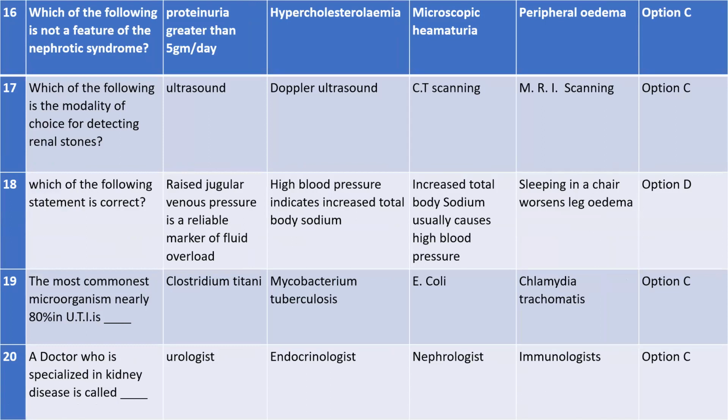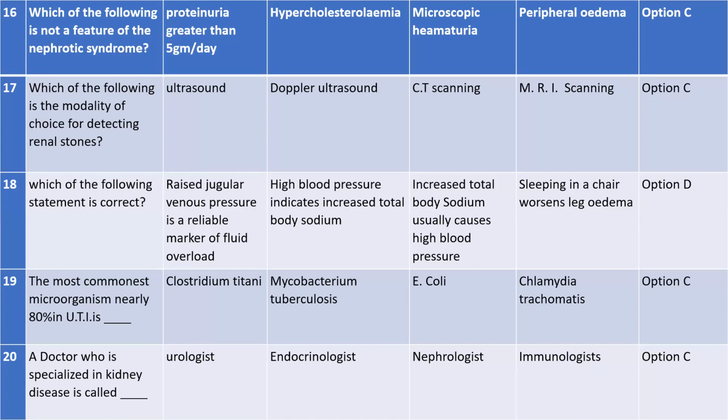Which of the following is not a feature of nephrotic syndrome? Number 1 is proteinuria greater than 5 gram per day, hypercholesterolemia, microscopic hematuria, and peripheral edema. I have given option C. So option C is not a feature of nephrotic syndrome.